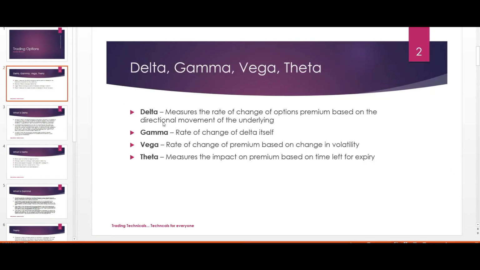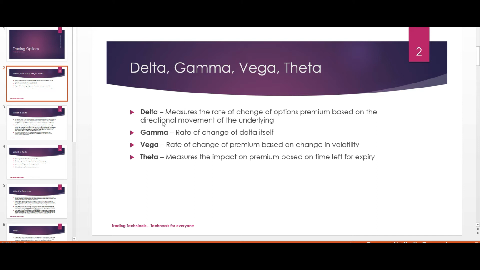Now let's understand which are these 4 factors which we need to always see when we get into option trading: delta, gamma, vega, and theta. Delta I have already explained in my first video. Delta measures the rate of change. I will get into detail on each part, like what delta is, how it's calculated, and how we can work on this.